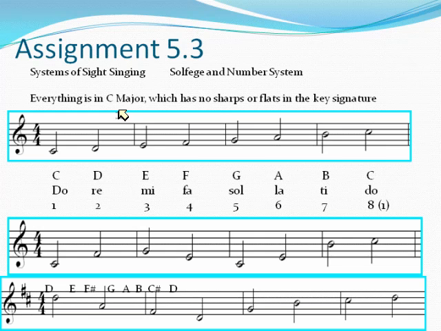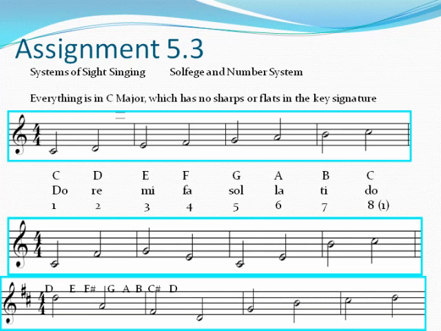And a C major scale has no sharps or flats in the key signature. So we are not going to worry about any sharps or any flats. And we're going to talk about keys and key signatures a little bit later on in lessons 6 and 7. But everything we're doing in 5.3 is in C major, which has no sharps and flats. Now, look at the C major scale.